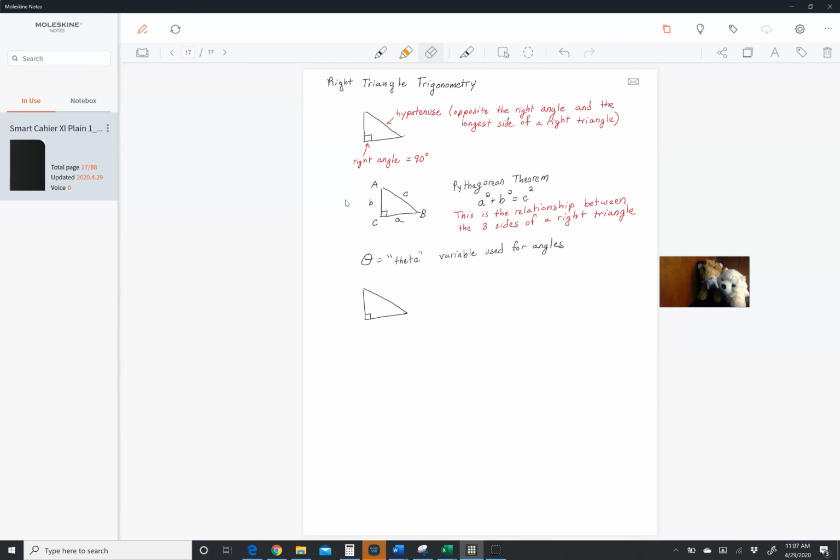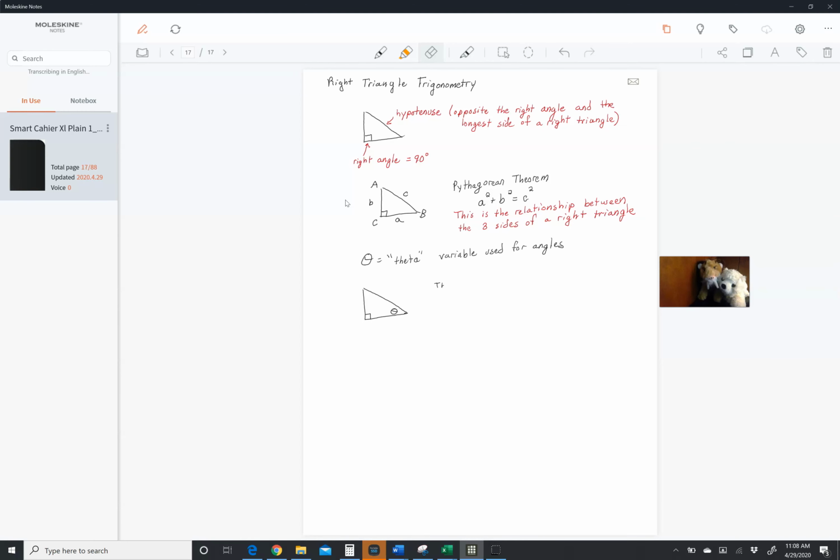So if we are choosing to use this angle here, looking at it from the perspective of that angle, then we could label the sides as the side opposite the angle, the side adjacent the angle, and the hypotenuse. So each of the three sides can be labeled differently.